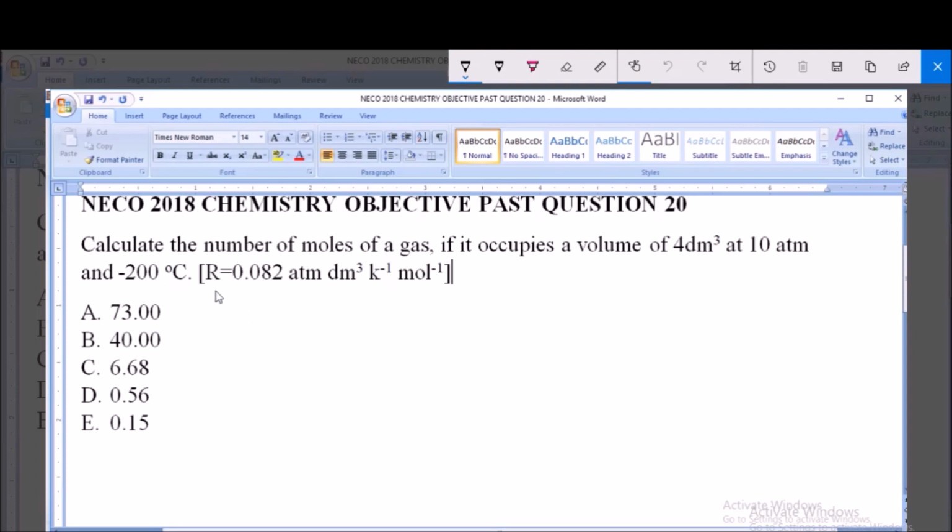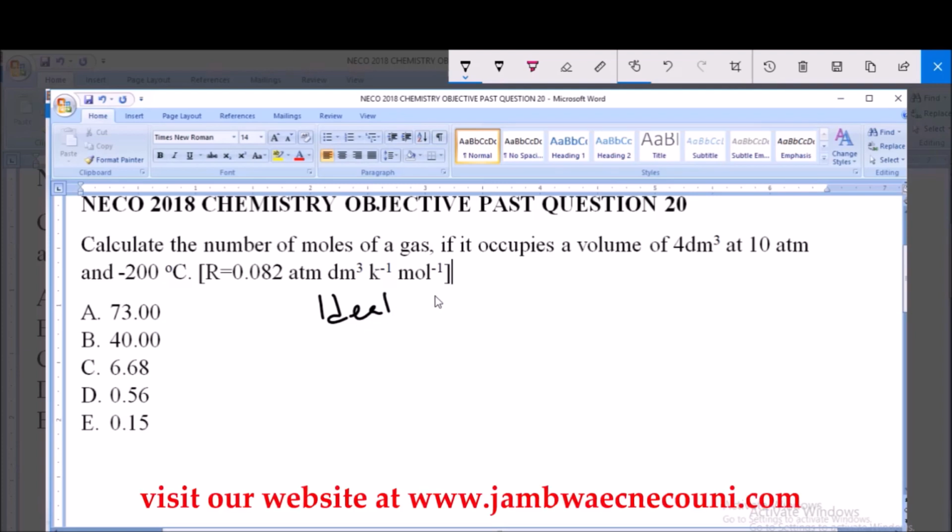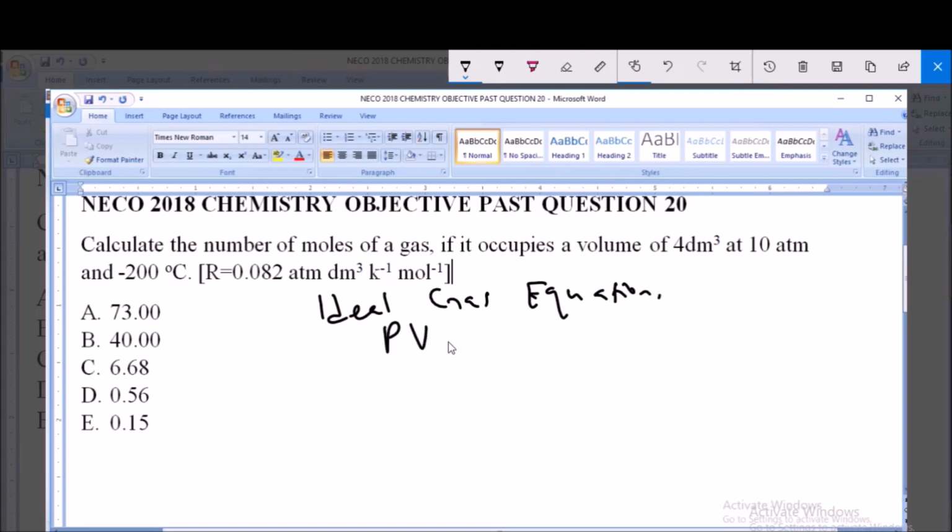From the variables given in the question, this involves the ideal gas equation, which is given as PV equals nRT.